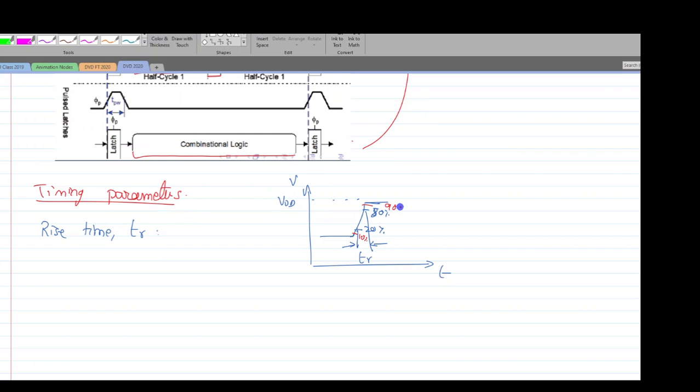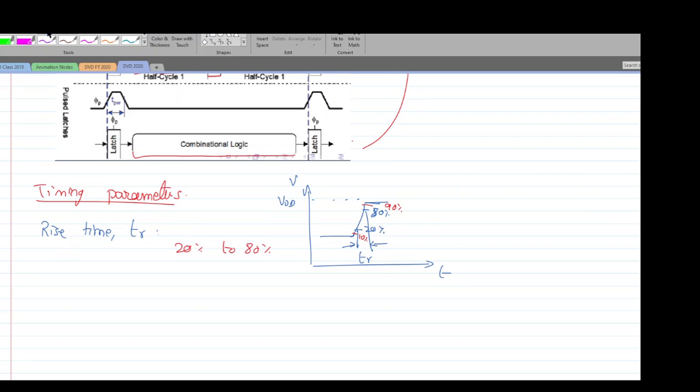There are two definitions that people normally adopt, but we will restrict our definition of rise time to between 20% and 80%. We will not switch to 10 and 90%. In case it is given, you can just do it.